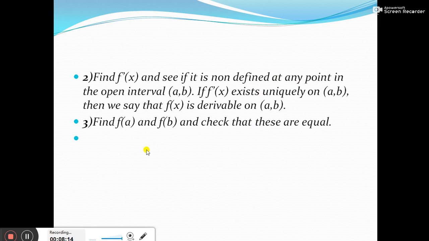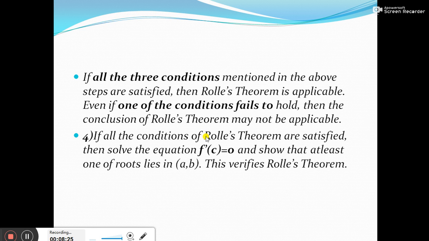And now we have the third point, find the values of f(a) and f(b) and check that these values are equal. And if all the three conditions mentioned in the above steps are satisfied, then Rolle's theorem is applicable.